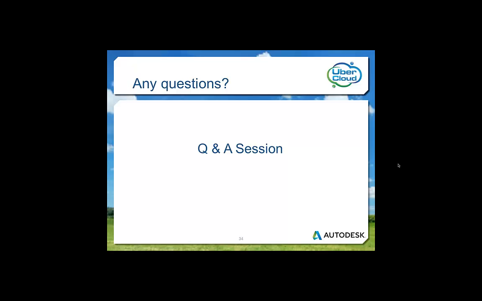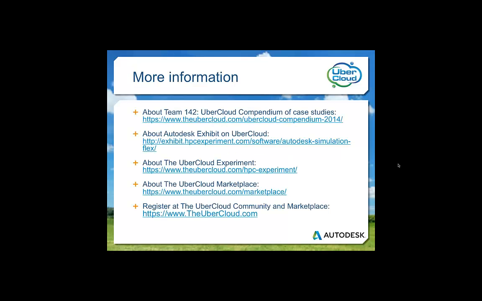Well, excellent. And Mark, John, I still have a few questions remaining, but we're getting short on time, so I will proceed. If you would like more information about Team 142, I'm currently displaying the URL for further information. You can always go to the UberCloud Compendium of Case Studies and download it. It has Team 142 and about 15 others included there.